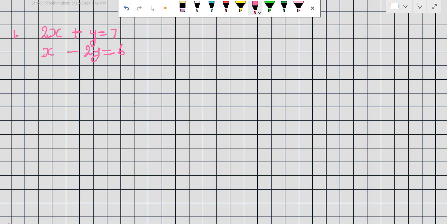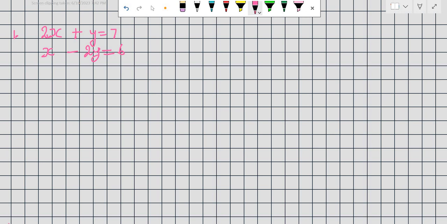All right, so we have a question that is 2x plus y equals 7 and x minus 2y is equal to 6. Before we continue with this question, we have to change each of the equations to the slope-intercept form.